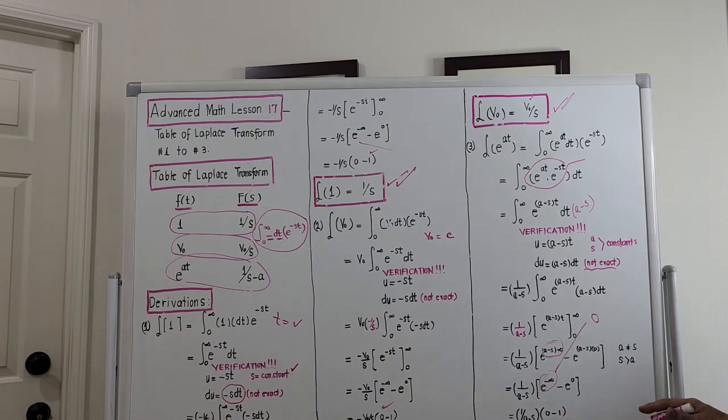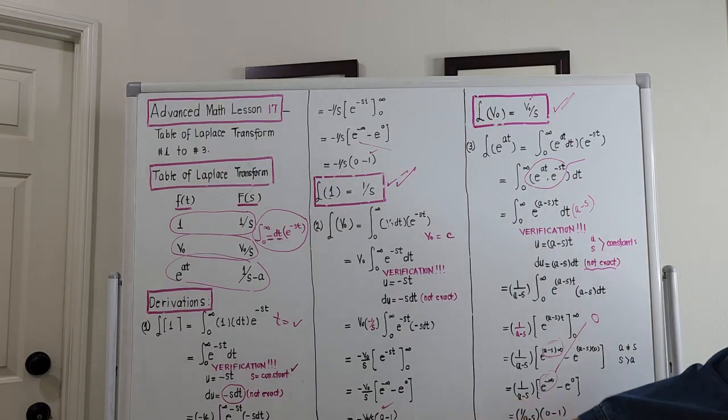Okay? And if we simplify the final Laplace transform of e raised to at, this s will now be plus because this is negative 1. And this a here times negative 1 will be minus a. So what will come out is that the Laplace transform of e raised to at will be equal to 1 over s minus a.